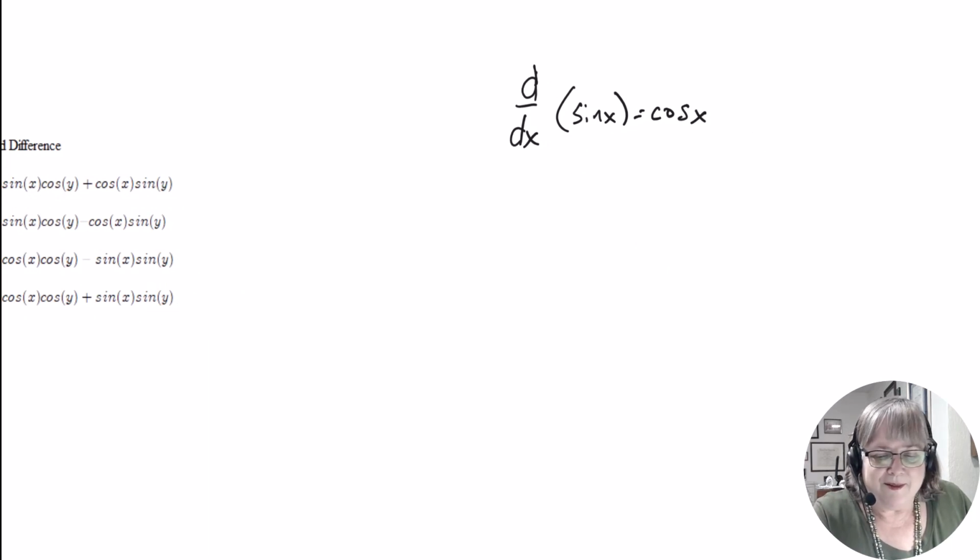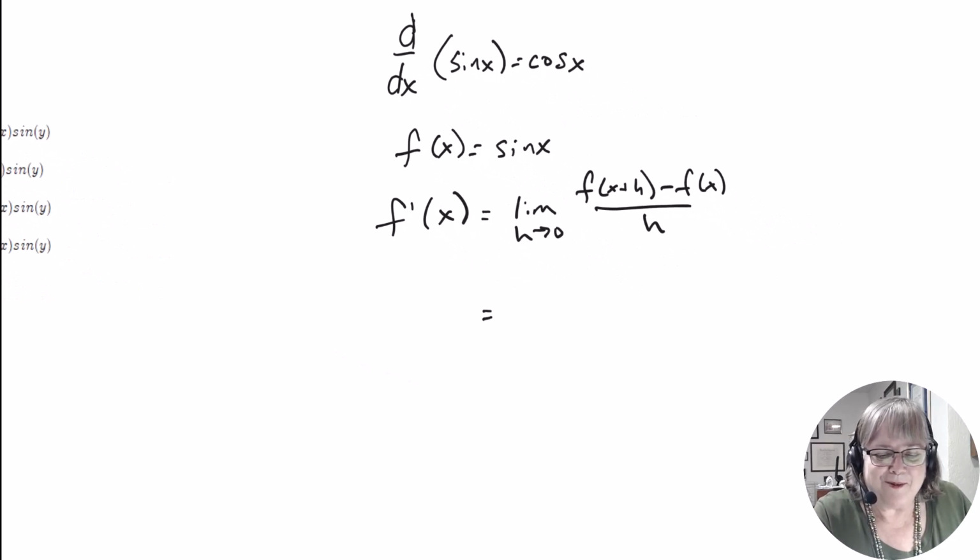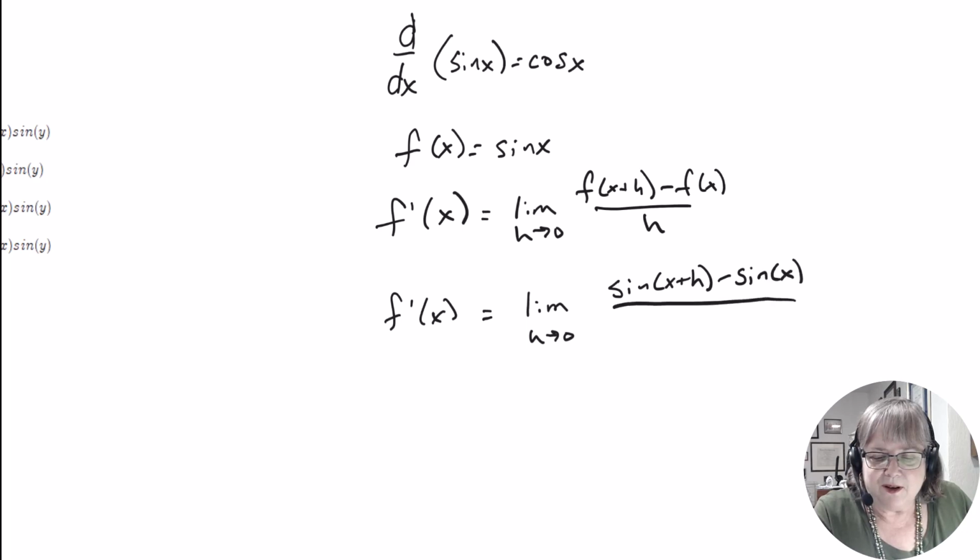Now, if f of x is equal to sine of x, and we want f prime, remember it's the limit as h goes to 0 of f of x plus h minus f of x, over h. Remember that one? So for our f prime, we have the limit as h goes to 0 of sine of x plus h minus the original function, all over h.